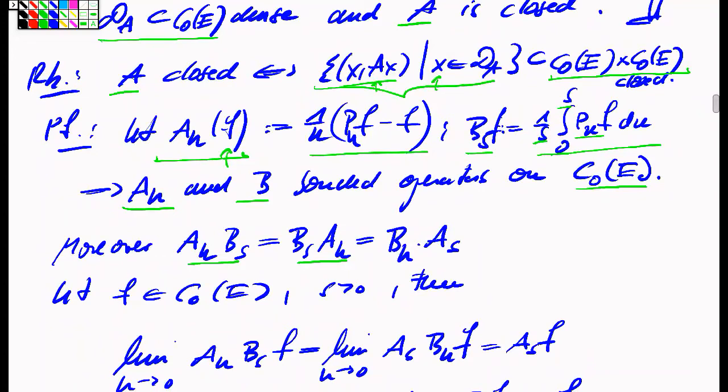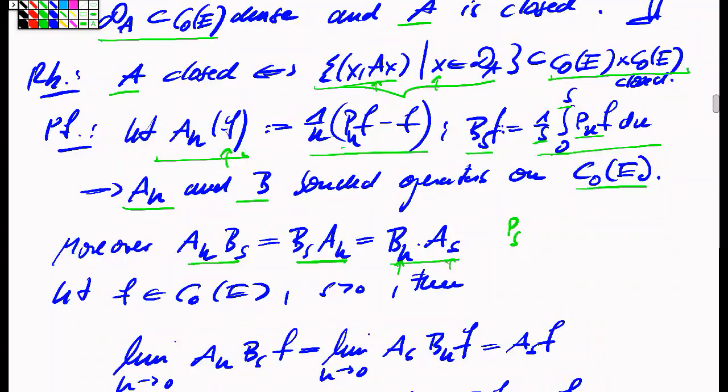And finally, it is also so that if we write B_S and A_H in such an order, then we can also interchange the two regularization indices H and S in the definition of the two operators A and B, respectively. The fact that these commute and they can make this swap of H and S parameter in this equality is basically a consequence of the fact that these semigroups P commute.